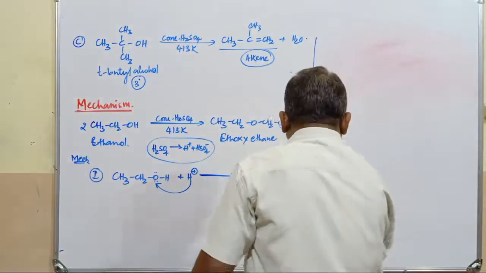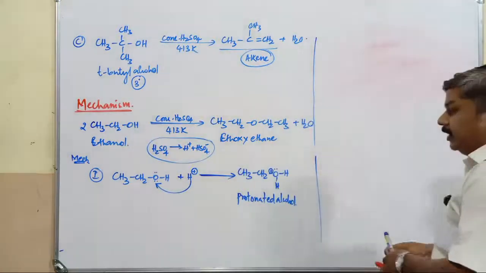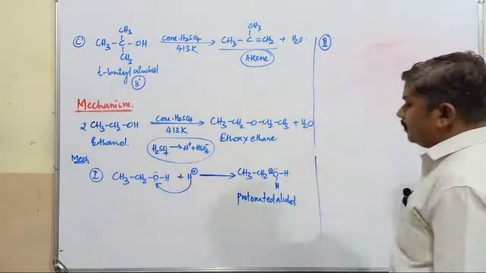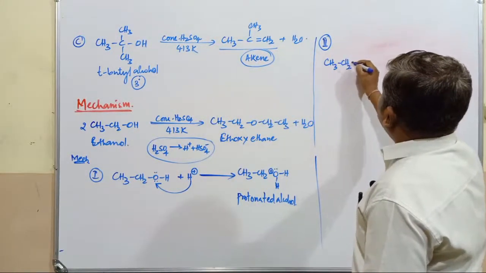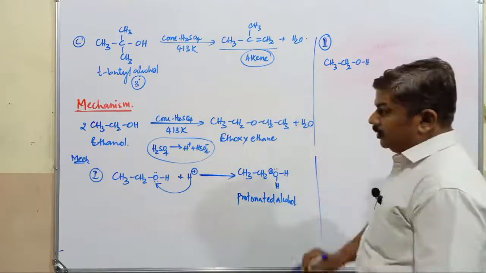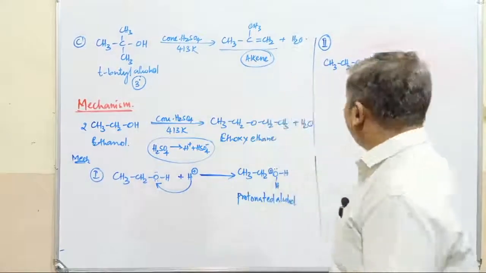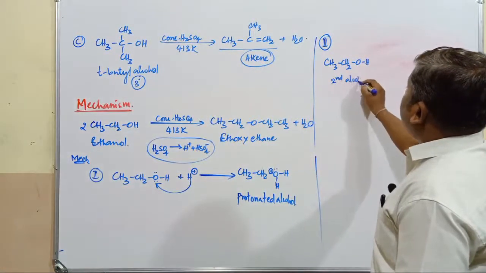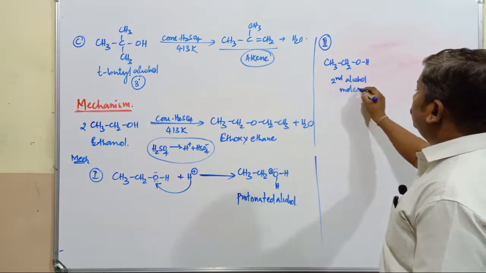Next, what happens in the next step after the formation of the protonated alcohol? Second step, what happens? This is CH3CH2OH, the second alcohol. Totally how many alcohols have we used? 2 moles of alcohol. This is the first mole of alcohol, and this is the second alcohol molecule. Not secondary, second alcohol molecule.